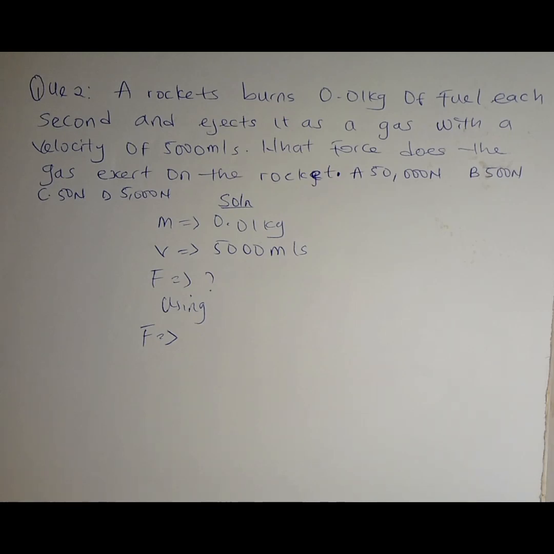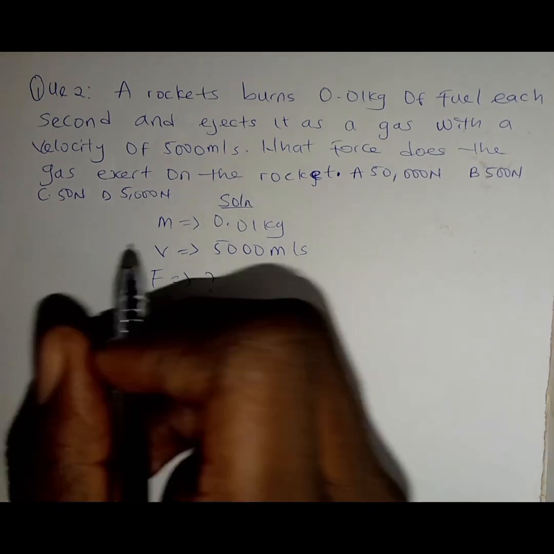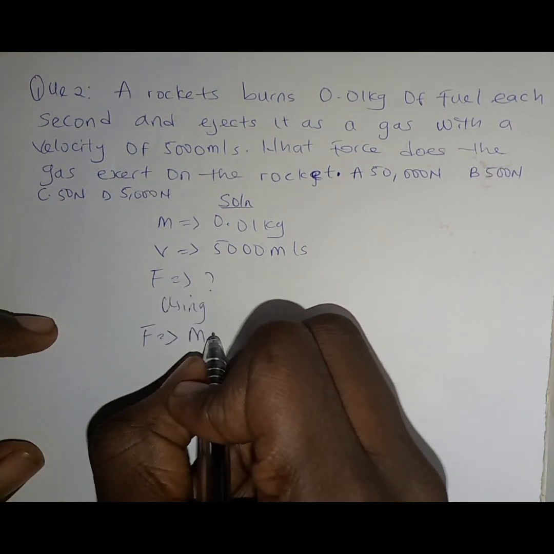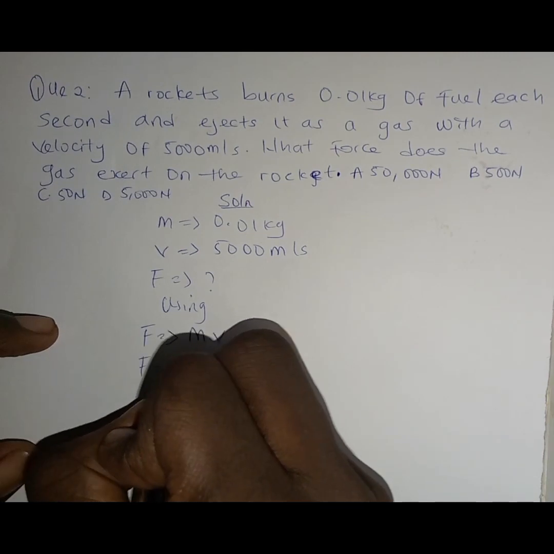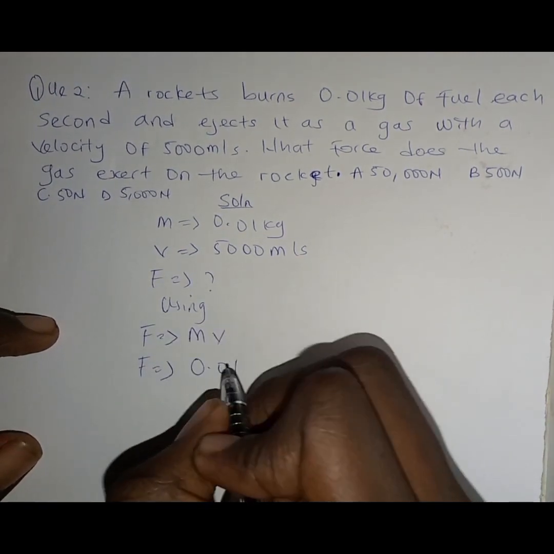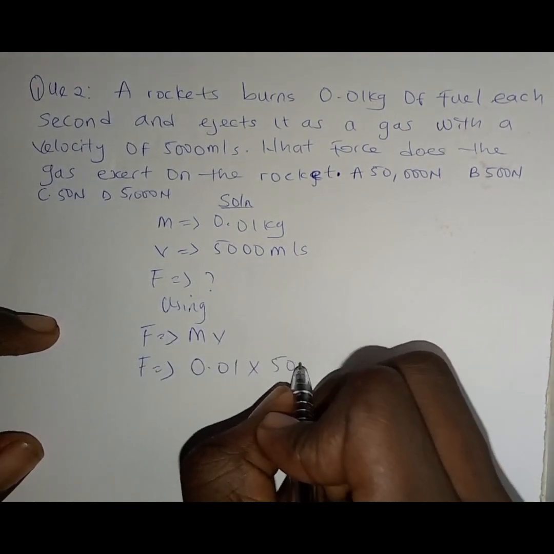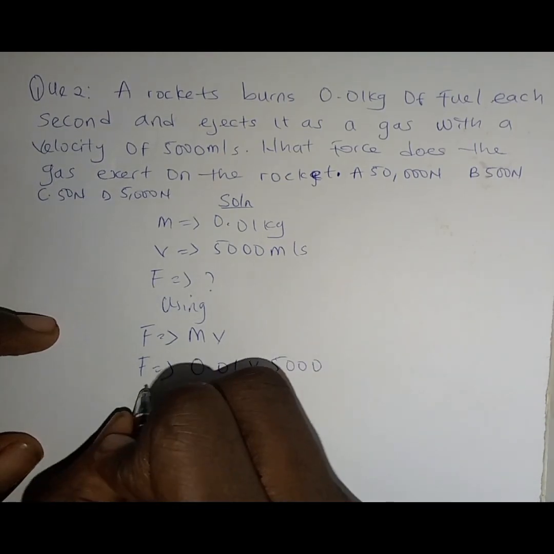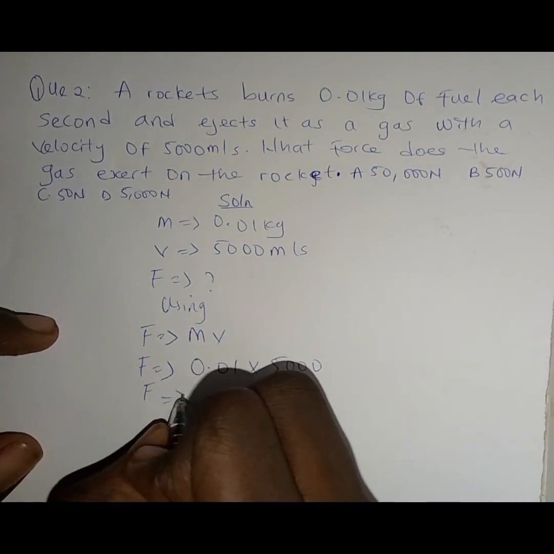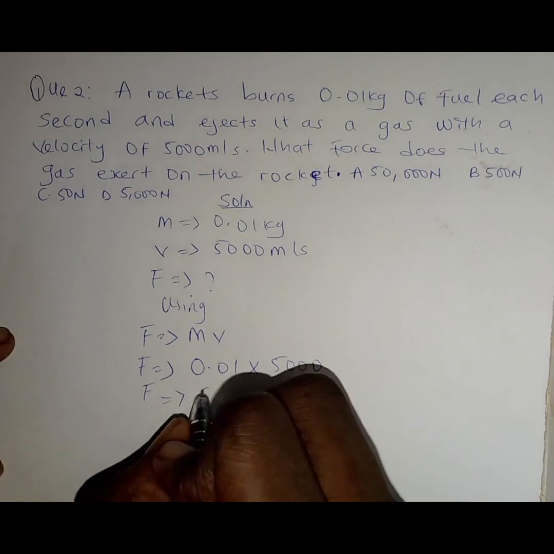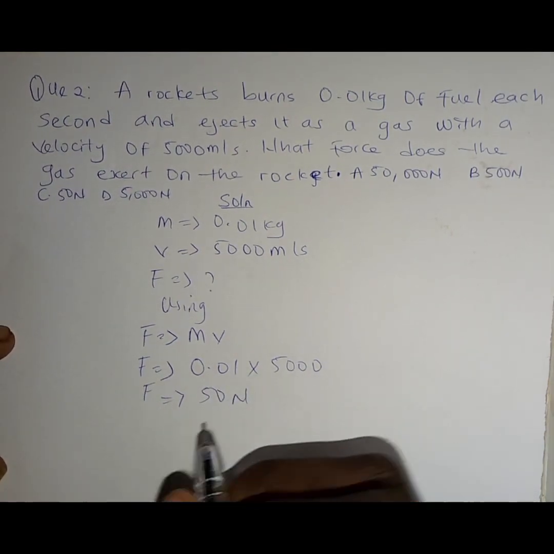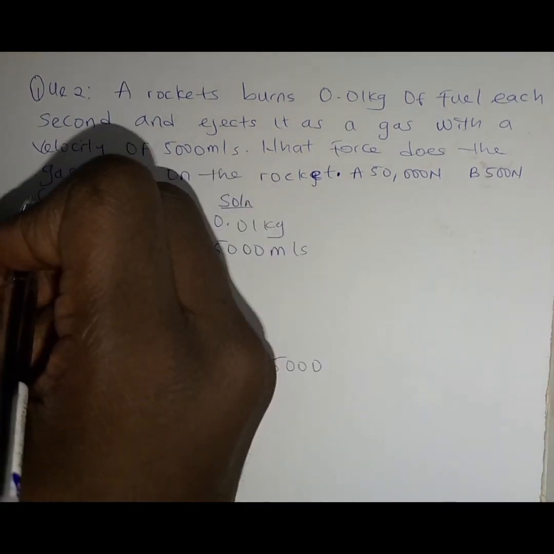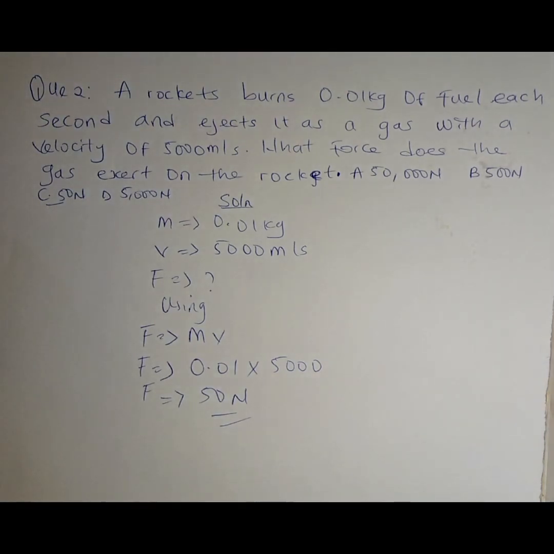So therefore the rate at which the rocket moves is directly proportional to the force imparted on it. So that is why F equals mv. Therefore F equals mass 0.01 times velocity 5000. Therefore my F is now equal to, doing this we'll have 50 Newton. So therefore my right option is option C.